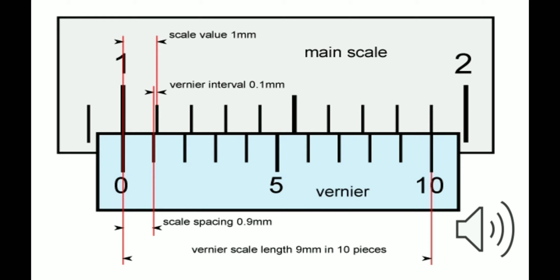So here you can see that 9 divisions on main scale is equal to 10 divisions on vernier scale. Can you see that? Please do remember that. We are going to the next slide.